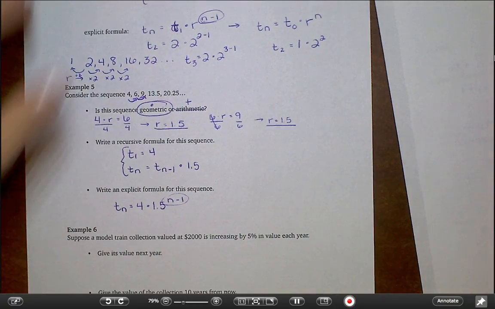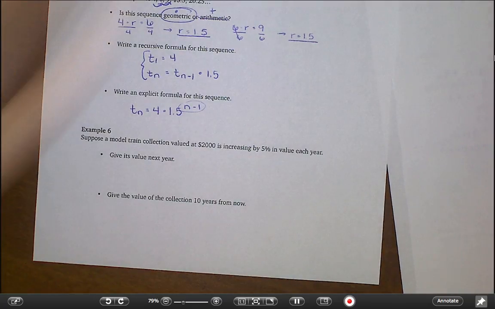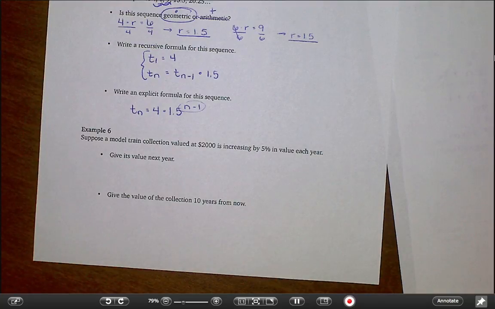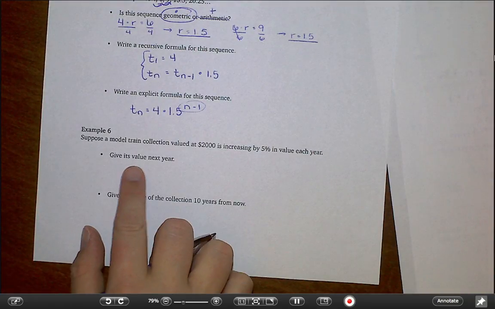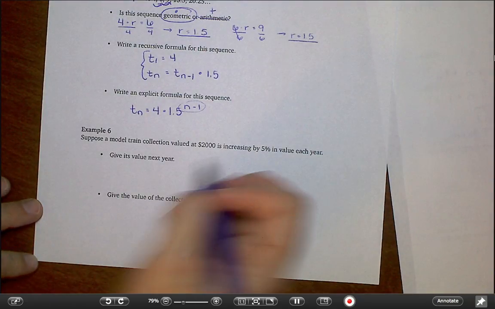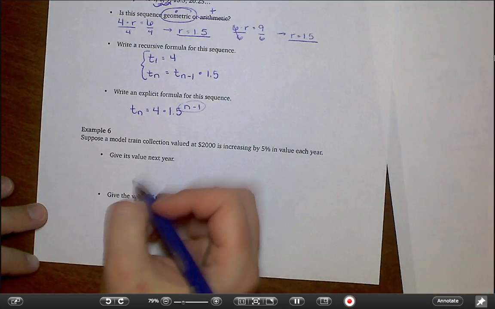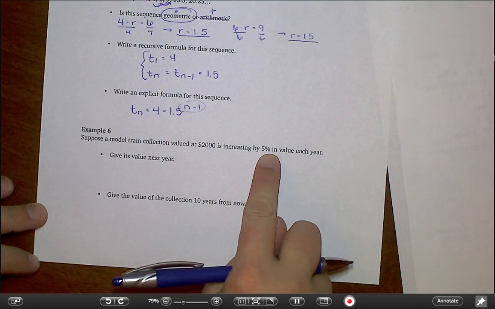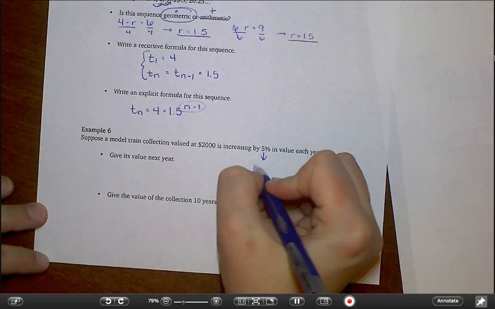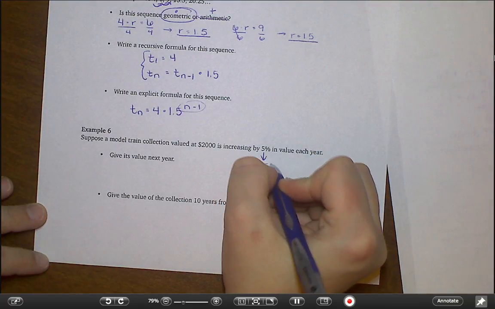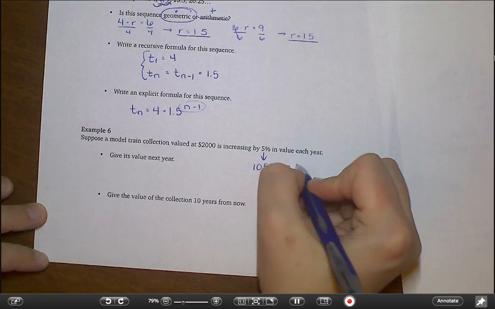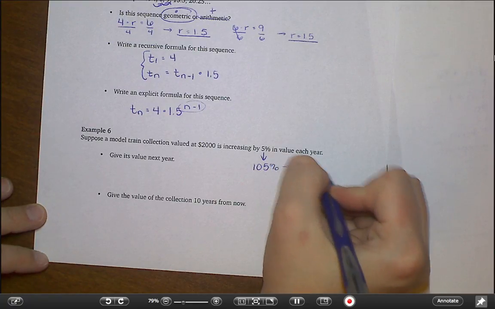Okay. One more example, and then we're done here. Suppose a model train valued at $2,000 is increasing by 5% in value each year. Give its value the next year. Well, to increase 2,000 by 5%, remember, I really want to think of this as 105%, which would be 1.05 as my r value.